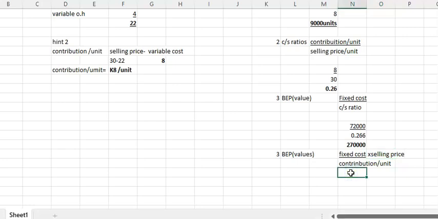So what we have is 72,000 multiplied by 30, but then we divide by the contribution per unit, which is 8.